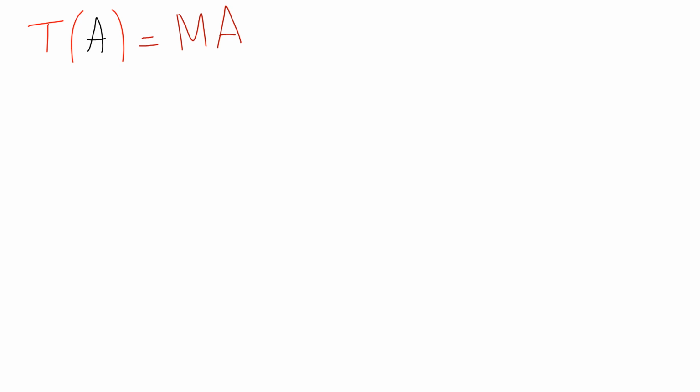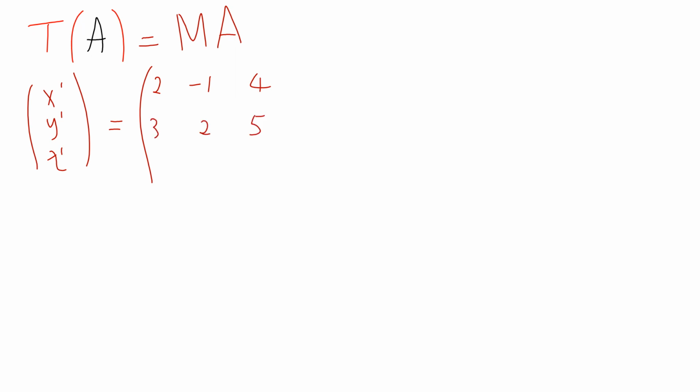So if I want to find the image of the point (7, 7, 5) according to the first question, then I'm just going to call the image (x', y', z'), and it is equal to the matrix of transformation 2 -1 4, 3 2 5, 1 3 1, multiplied by the point (7, 7, 5).